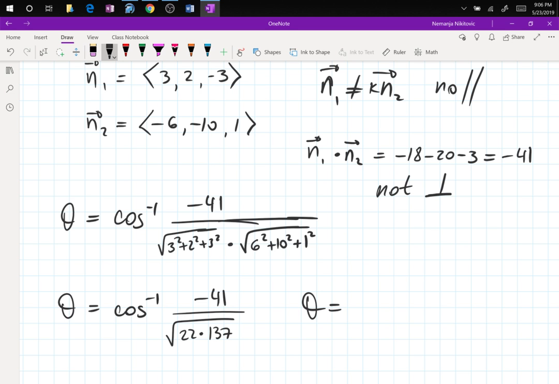Inverse cosine. I am not going to forget the square root like I did last time. I have 138 degrees, 0.3. So 138.3.